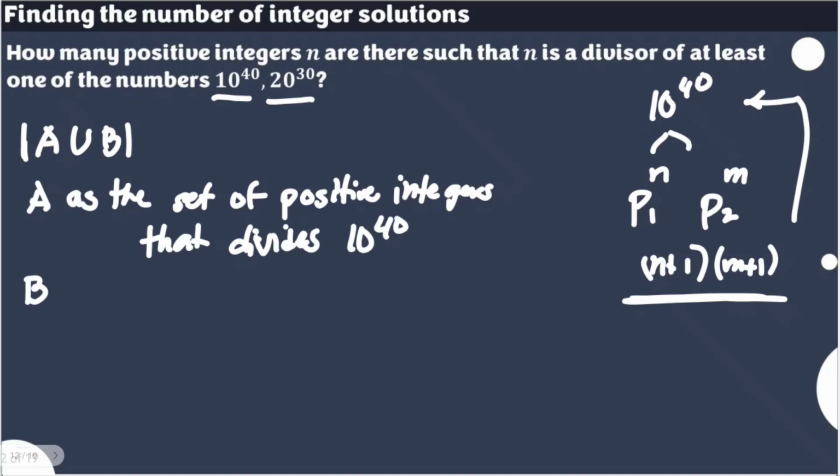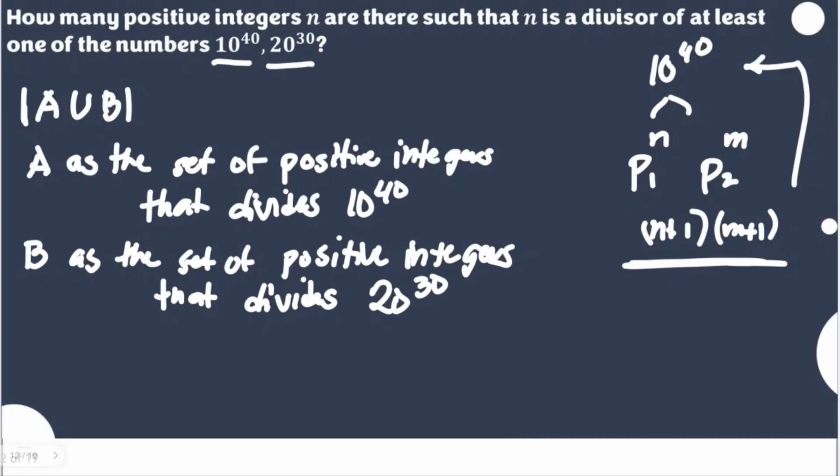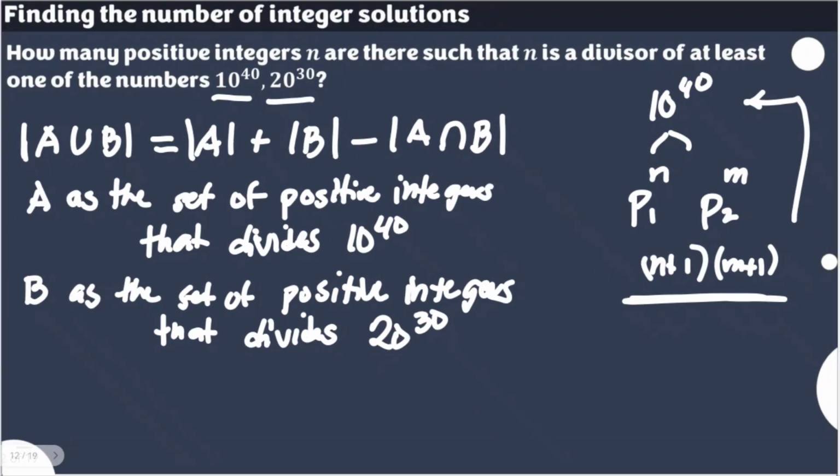And let's define B as the set of positive integers that divides, sorry for my handwriting, 20 to the power of 30. So with that in mind, our formula is the cardinality of A plus the cardinality of B minus the cardinality of their intersection. As mentioned, there are items which can be found in both.